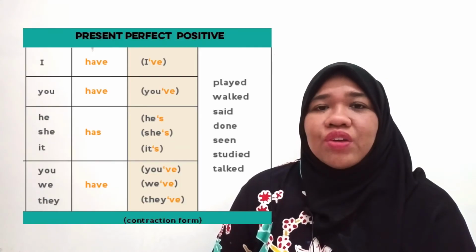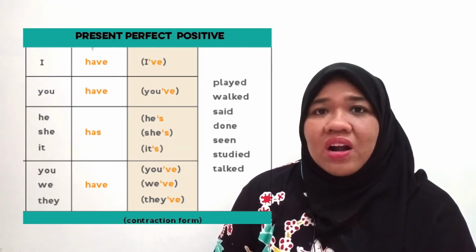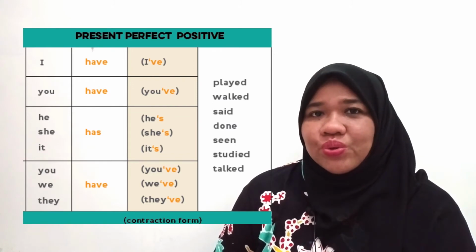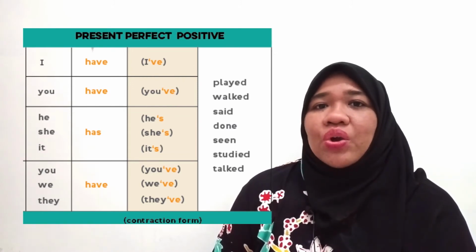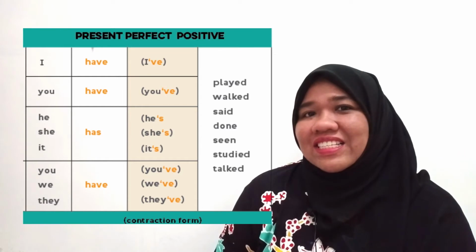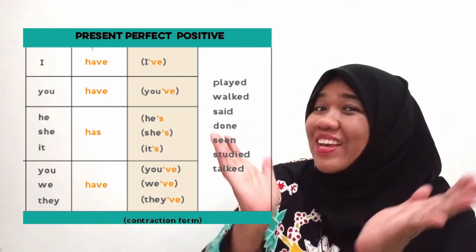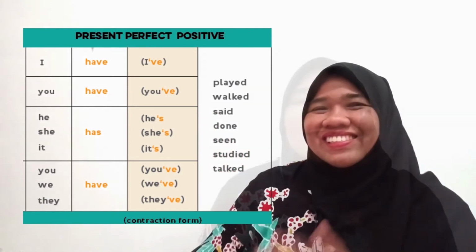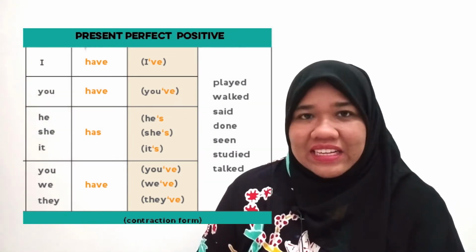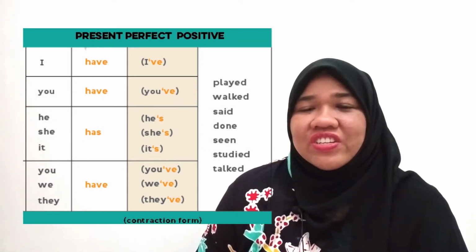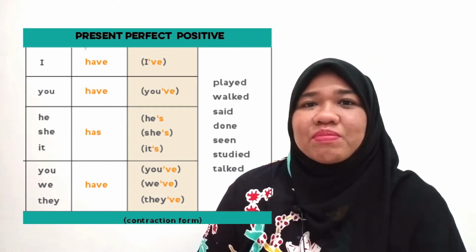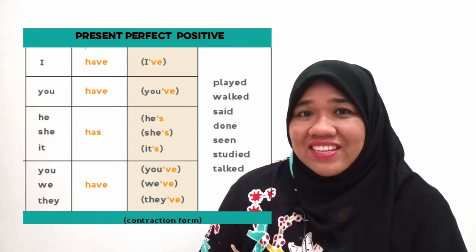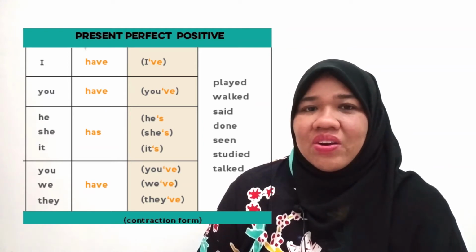When are you going to use have and when are you going to use has? You use have if your subjects are I, you, they, we. You can easily remember it as they, we, are you. And then has. You can use has if your subjects are he, she, or it.